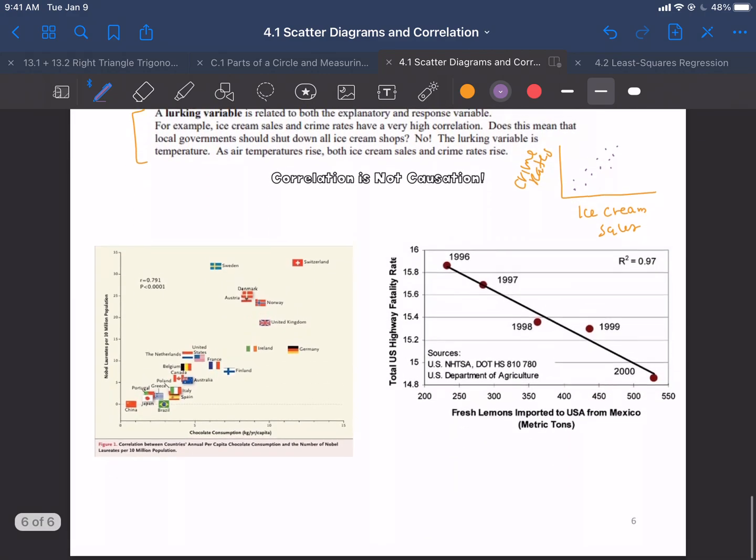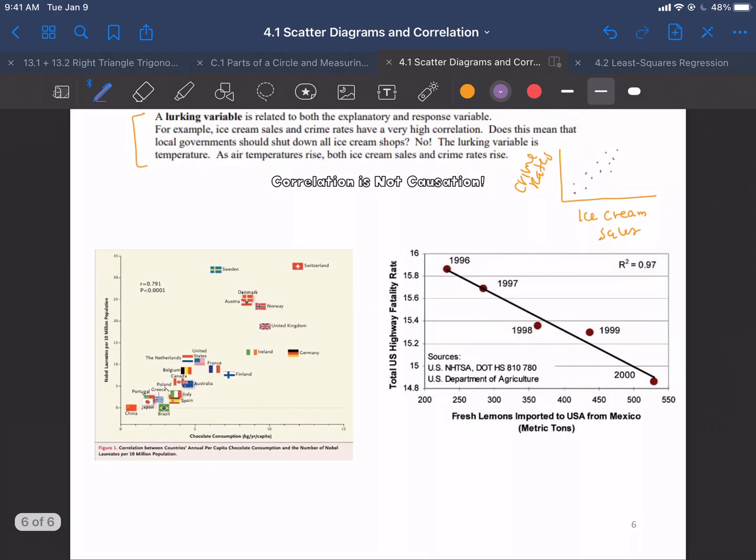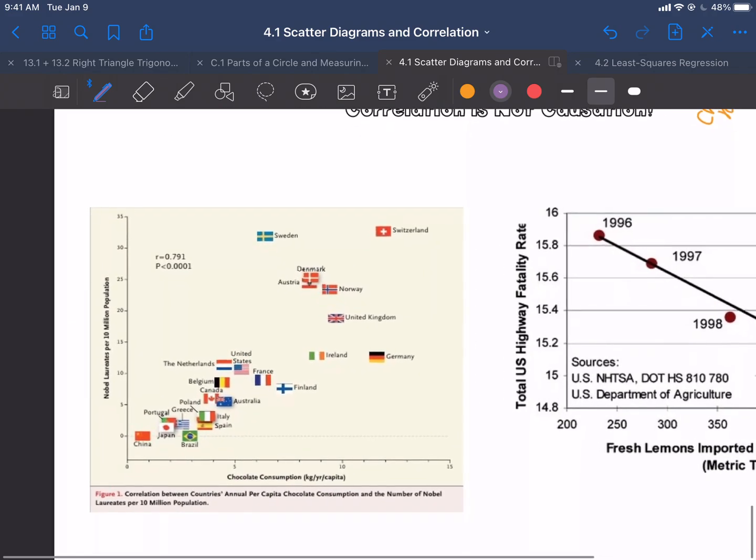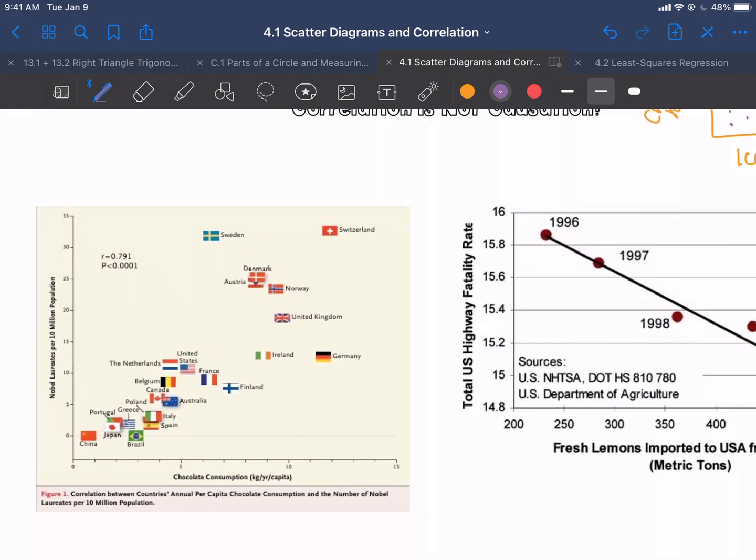Okay? And then last, here's just some fun examples of correlation only and not causation. Our X value here, we have chocolate consumption in kilograms per year, and in our Y value, we have Nobel prizes per 10 million population, and it's by country.